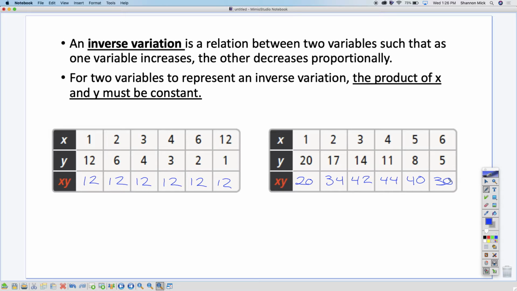Okay, so the one on the left is an inverse variation because their product is constant, yes? The one on the right, is it constant? No. It's not. Doesn't mean it's not a function. It doesn't mean it's not a relation. It just means it's not a what? Inverse variation.